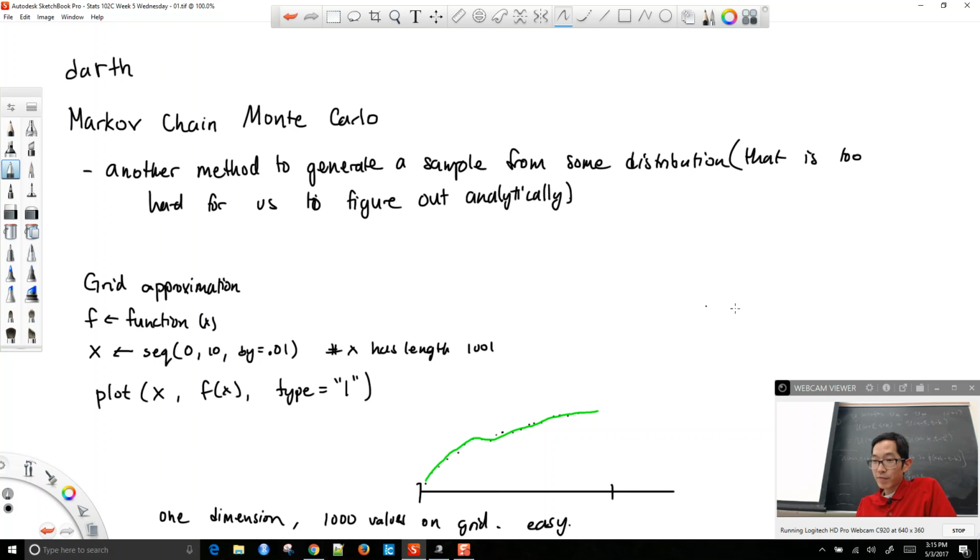If we had a function of 2 dimensions and we wanted to do grid approximation, you'd have x1 and x2, and then 1,000 values here and 1,000 values here, and then we would get some kind of surface, right? And maybe that's a little bit more complicated. Now we have a million values to calculate. A million grid points.